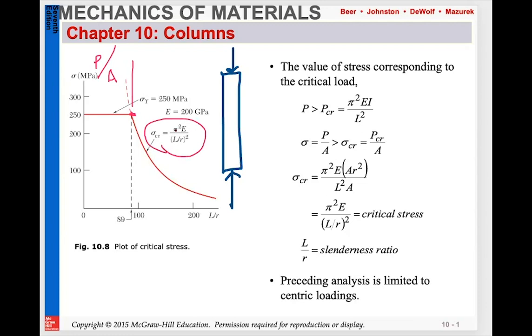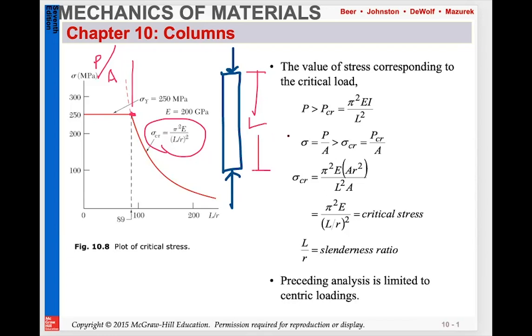So we have pi squared, modulus of elasticity E, over what's called the slenderness ratio, L over r. L is obviously the length, and as the length gets longer, it has more tendency to buckle.